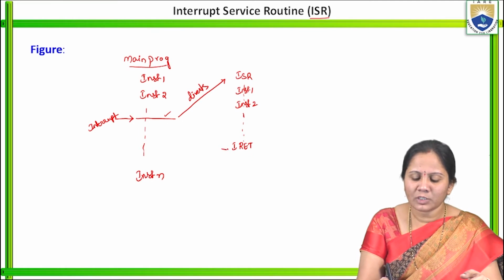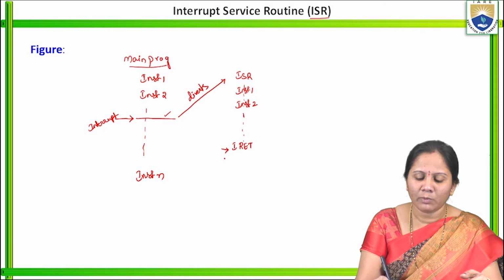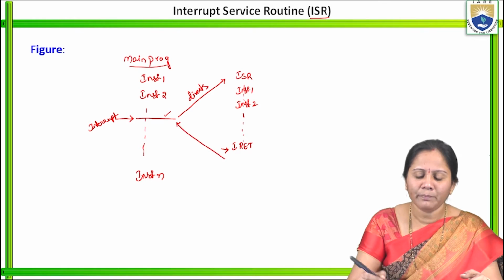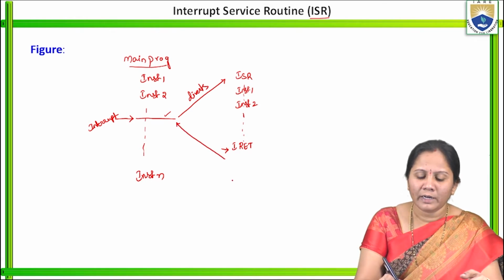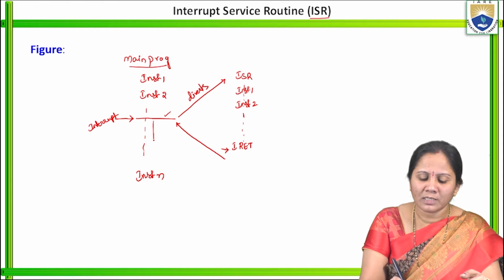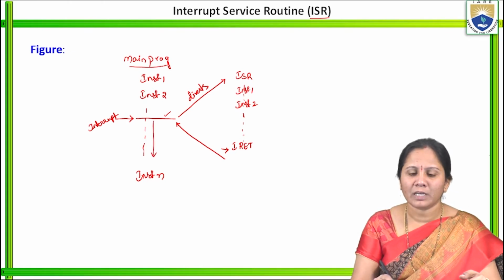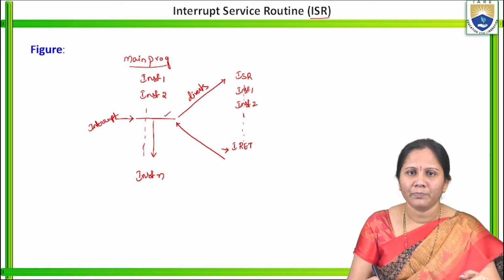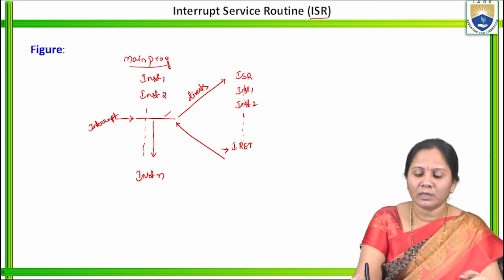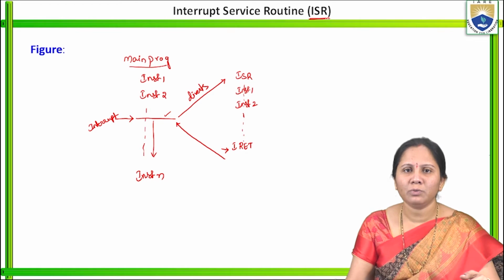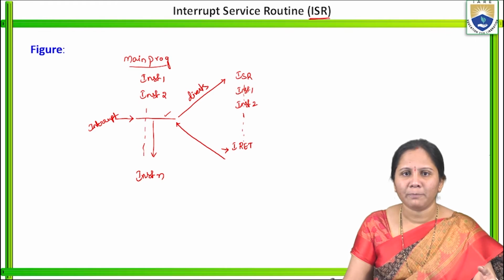When the last instruction of the ISR is executed, the control moves back to the main program, and from the main program it starts executing the remaining lines and continues its execution. So this is what the microcontroller does when an interrupt occurs in between while executing the main program.